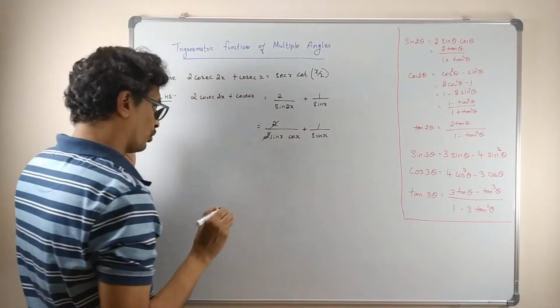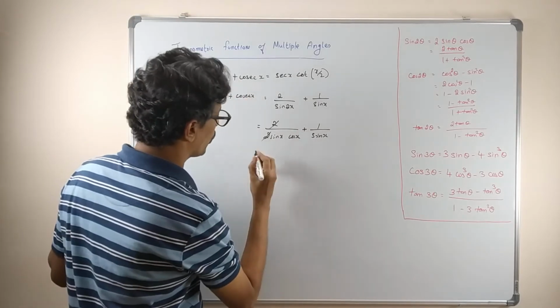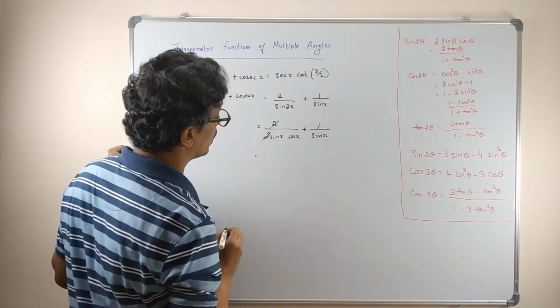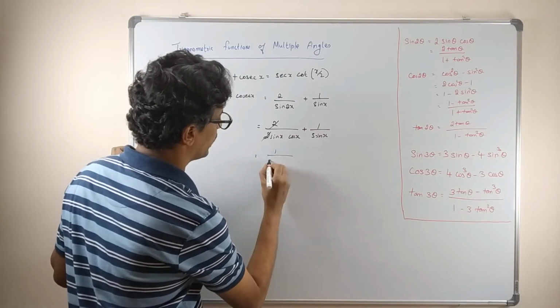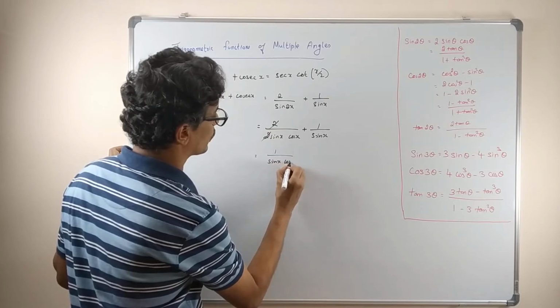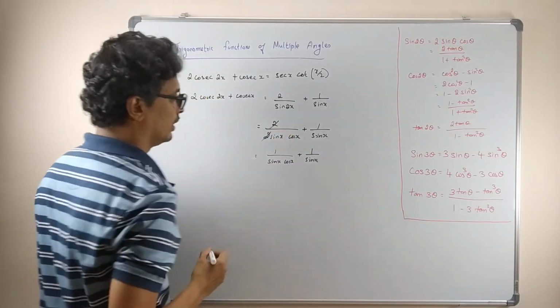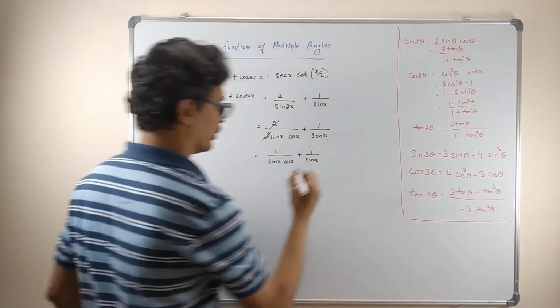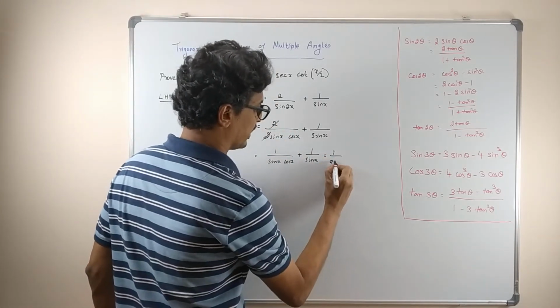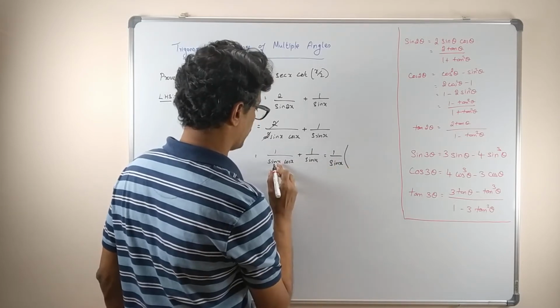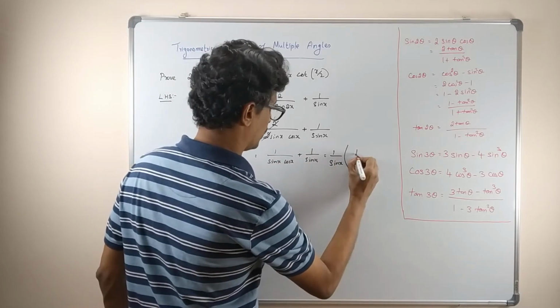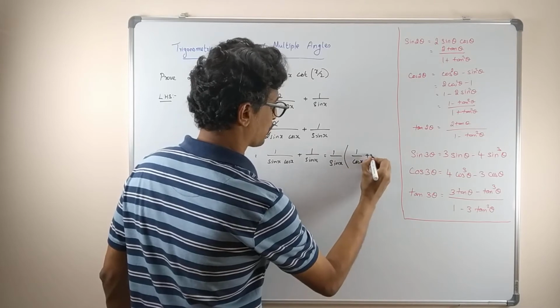So what we are getting is 1 by sin x cos x plus 1 by sin x. Let us take 1 by sin x commonly outside. If we take it out, what are we going to have? 1 by cos x plus 1.